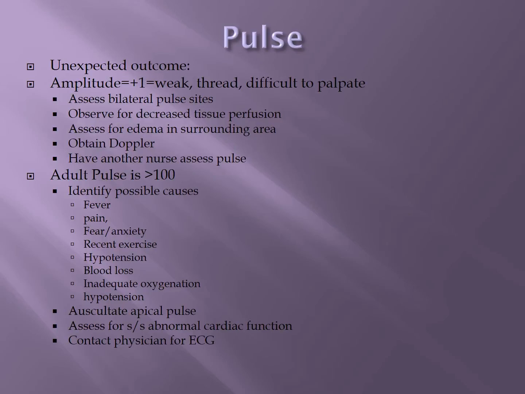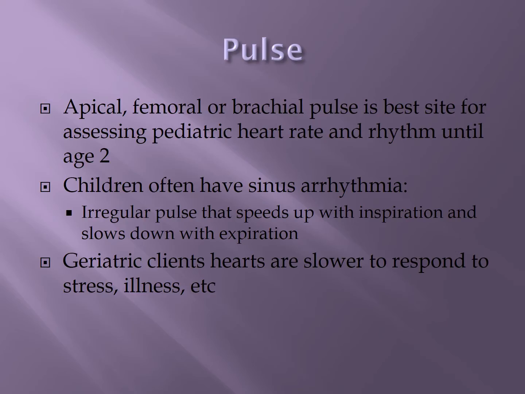And again, we want to be assessing by doing an apical pulse and contacting the physician so we can actually look at an EKG and see what's going on electrically in that heart causing this elevated pulse rate.